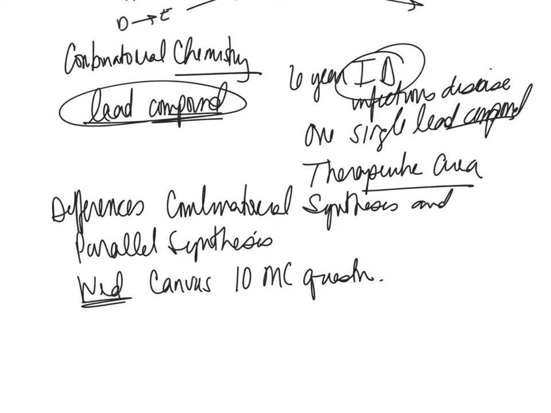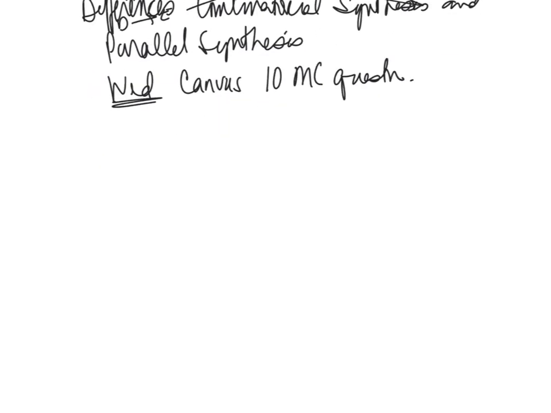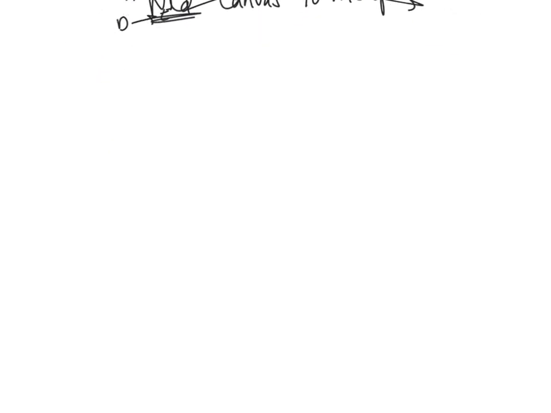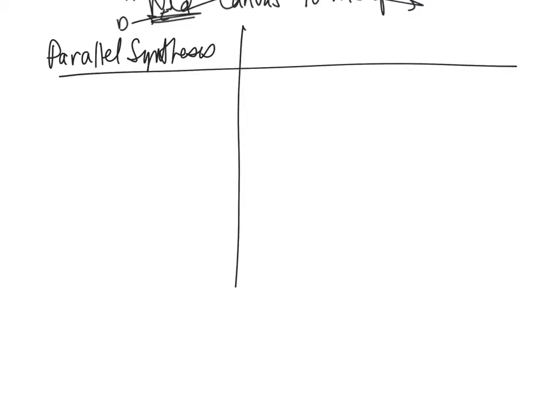So first we will talk about parallel synthesis. We can just make two columns in our notes: parallel synthesis and combinatorial synthesis.